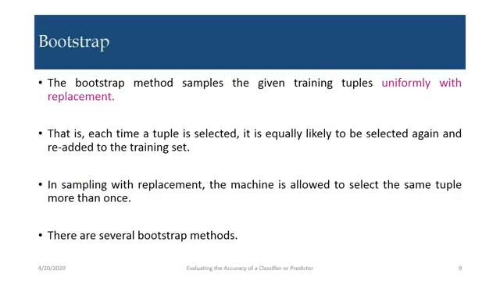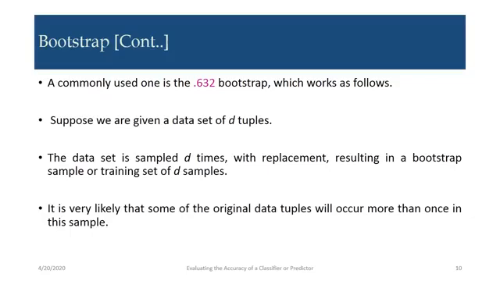There are several bootstrap methods. A commonly used one is the 0.632 bootstrap, which works as follows. Suppose we are given a data set of d tuples.